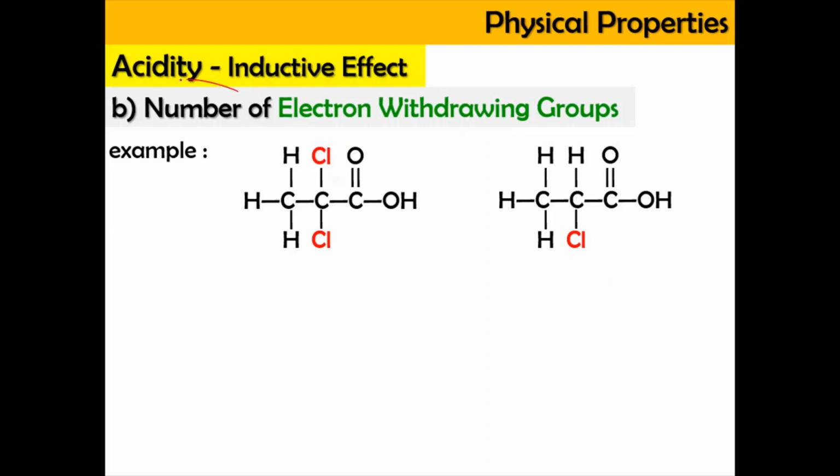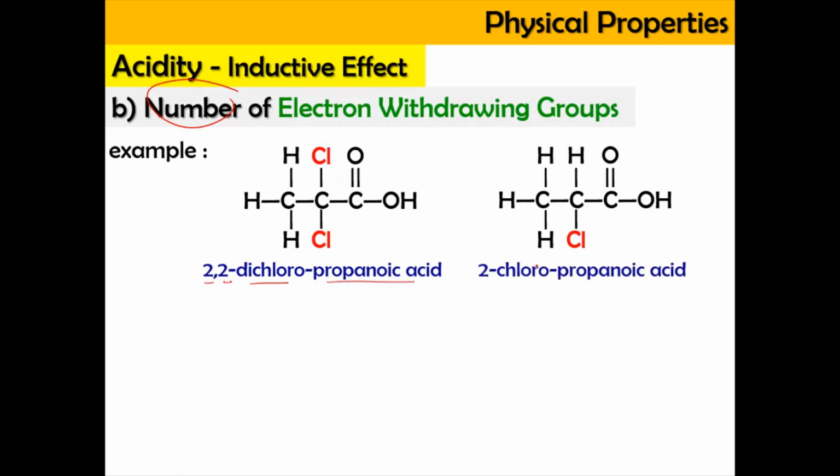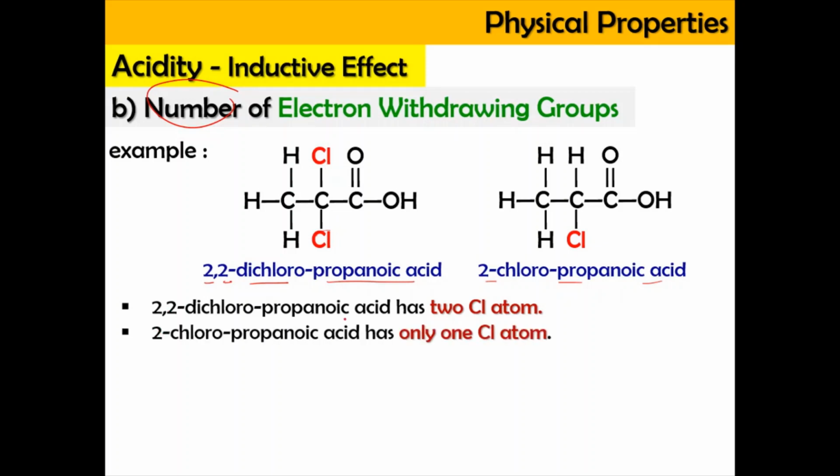Now we're going to look into the number of electron withdrawing groups. Here we have 2,2-dichloropropanoic acid, and here we have 2-chloropropanoic acid. As you would expect, 2,2-dichloropropanoic acid has 2 chlorine atoms, while 2-chloropropanoic acid has only 1 chlorine atom.